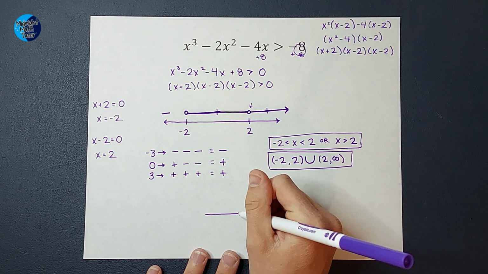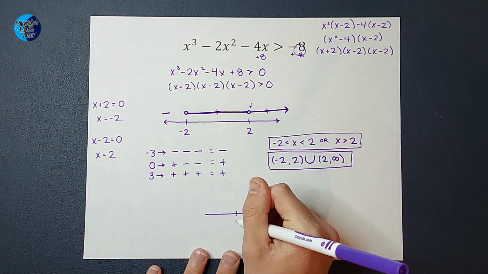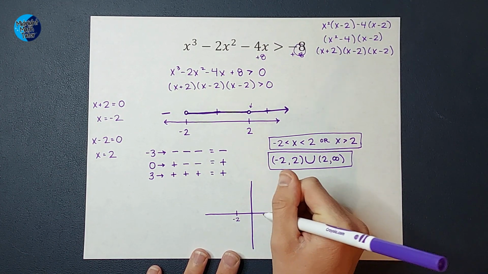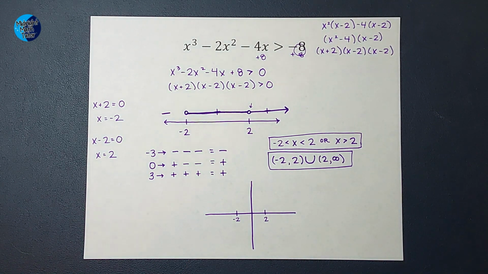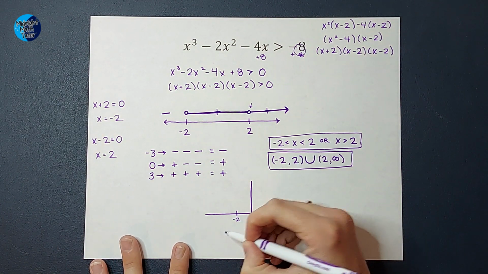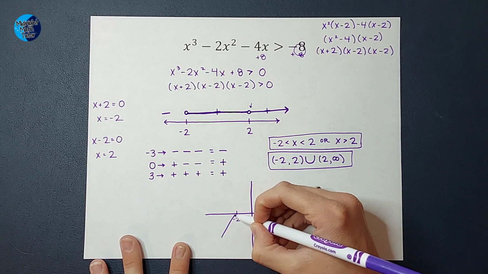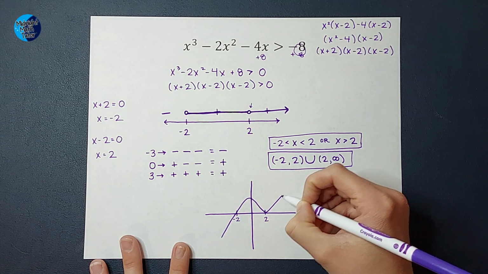Remember when we set them equal to 0? So if I were graphing this polynomial, I know my graph would touch or cross the x-axis at -2 and 2. And again, using what I know about end behavior and such, I know it would look something like that.